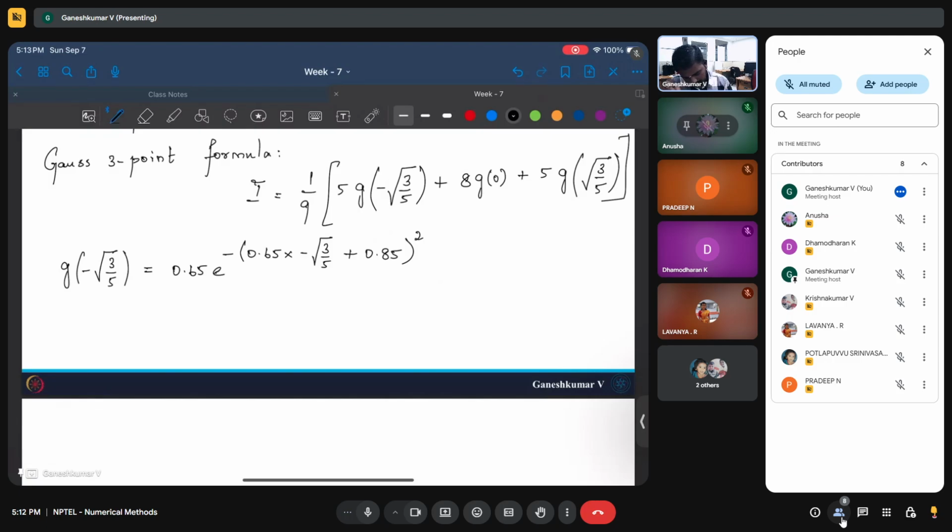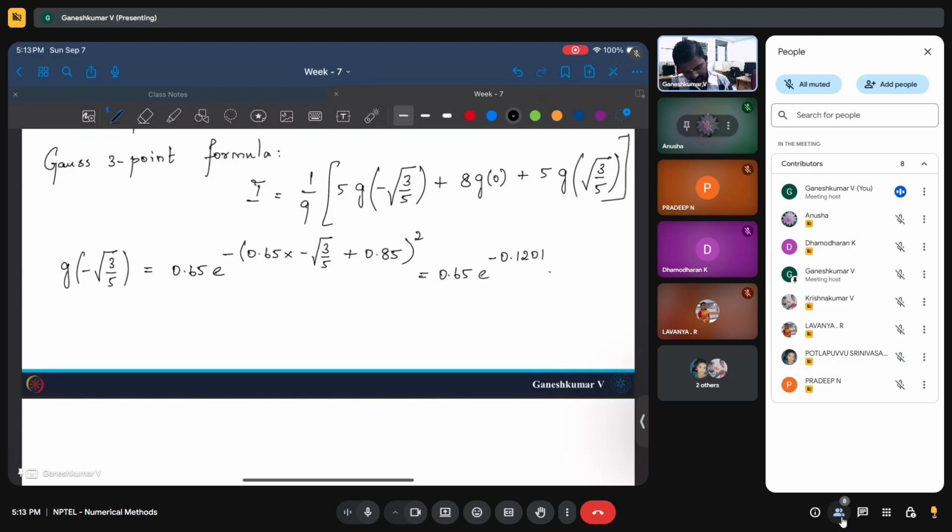How much is this? 0.65 into square root of 3 by 5, plus 0.85, squared, gives e power minus 0.1201.